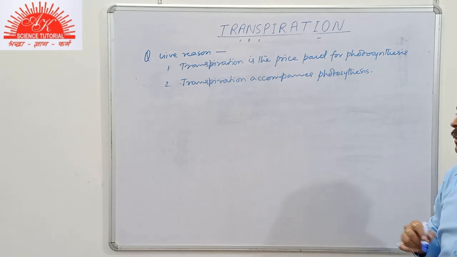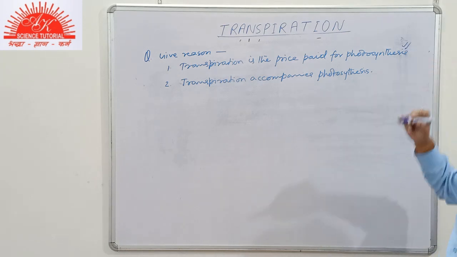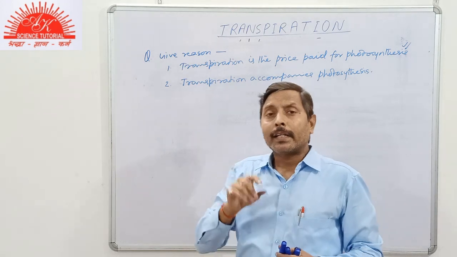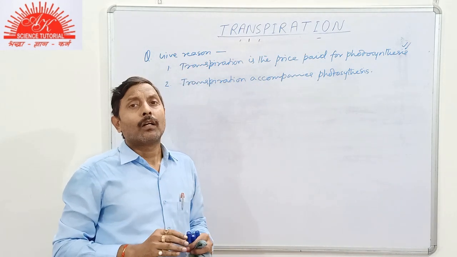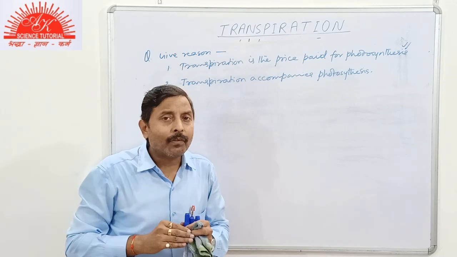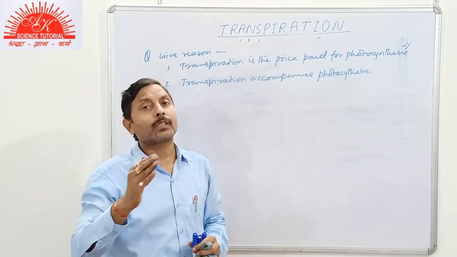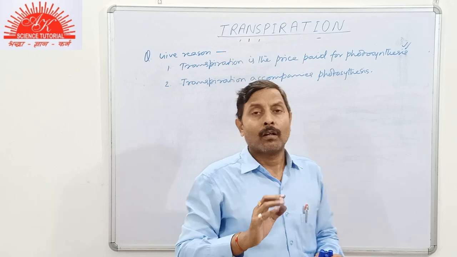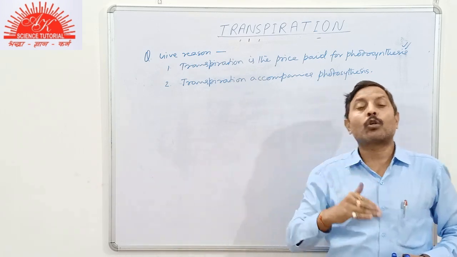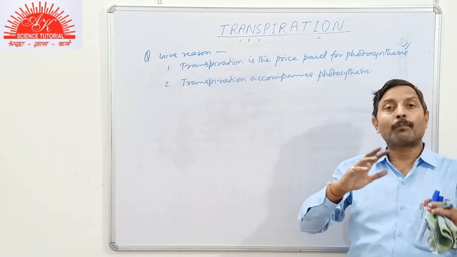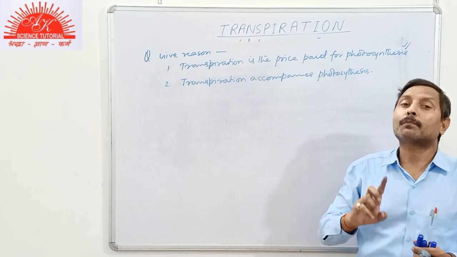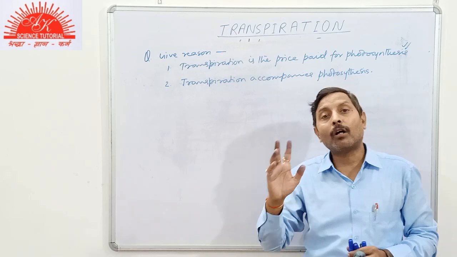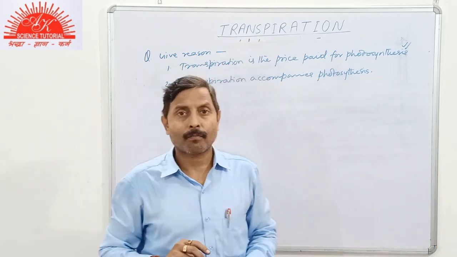What is this type of answer? Here, during daytime, stomata open to allow diffusion of carbon dioxide for photosynthesis. Through that opened stomata, water is lost by the process of transpiration. Hence, transpiration is the price paid for photosynthesis.